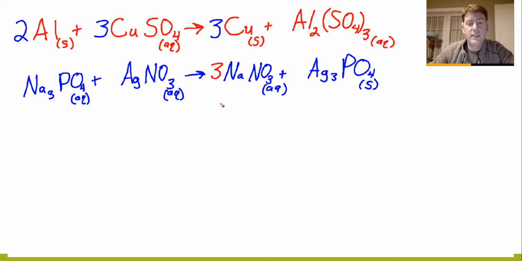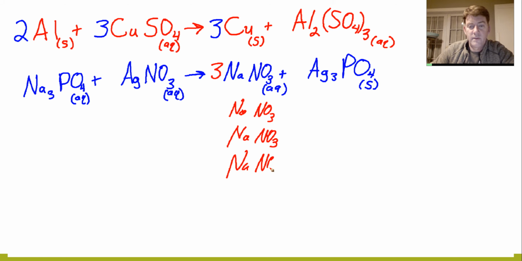So I'm going to need 3 of those molecules of sodium nitrate. Well, follow the chain effect. If I put that 3 out front here and have 3 sodium nitrates, that means I have 3 nitrates also, right?